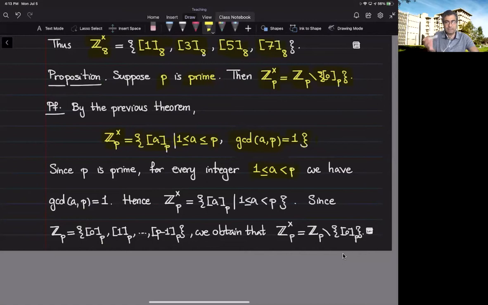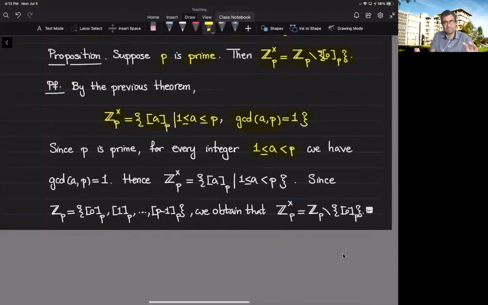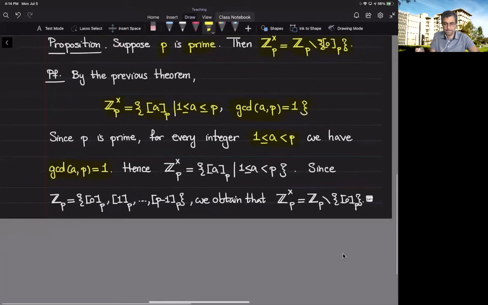So this argument, a crucial property of prime numbers, says that if p is a prime number, every positive integer that's strictly less than p is co-prime with p. So if a is at least 1 and strictly less than p, then the GCD of a and p is 1. That means this condition is redundant as long as a is strictly less than p, and of course p is not co-prime with p.